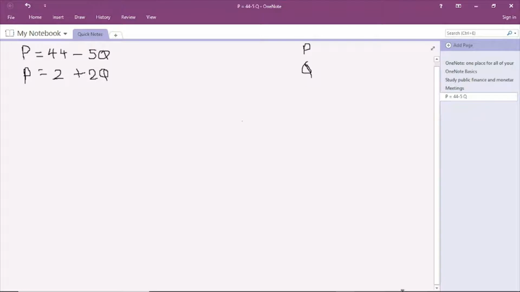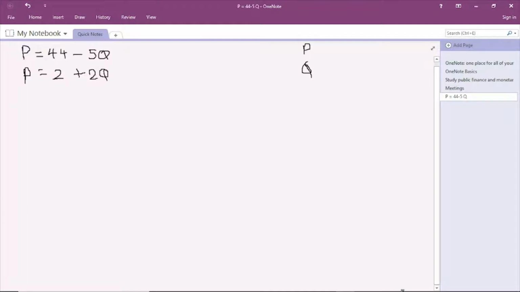Well, what you should know is that what they are looking for here is the price at equilibrium. That is the price which consumers are willing to pay, and also the quantity which producers are willing to sell.